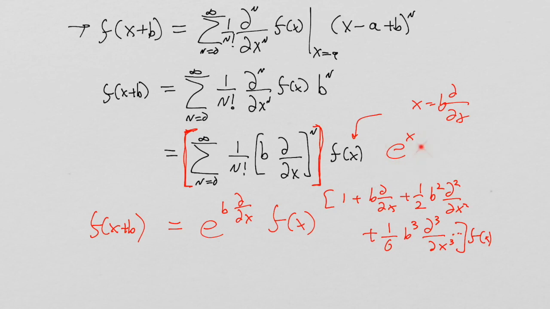The exponential is entire, which is a way of saying that it's equal to its Taylor series everywhere on the real line. It's also equal everywhere to its Taylor series everywhere in the complex plane. It's an entire function, even in terms of a complex variable x. So it's a very robust function. So it's fine to write it this way. And so this is the way we write down the operator acting on f of x. But the key point is the shift is equal to this kind of object.